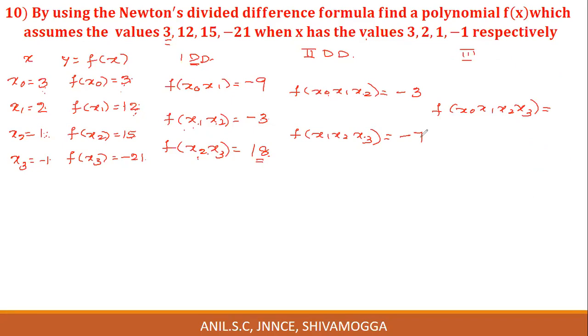Calculate this. Minus 7 minus into minus plus 3, divided by x3 minus x naught. x3 minus x naught is minus 1 minus 3. Minus 7 plus 3 is minus 4 divided by minus 4. This is equal to 1.